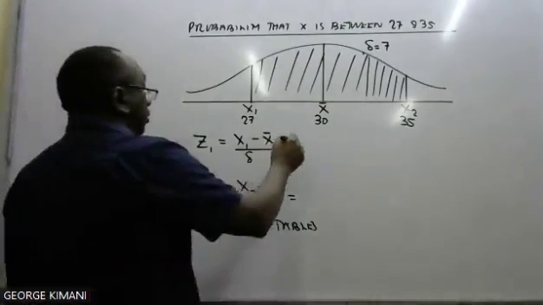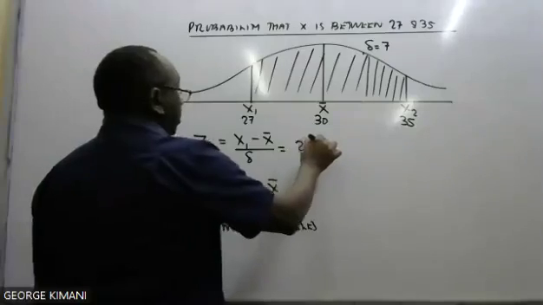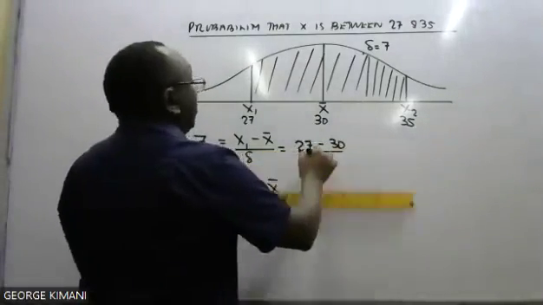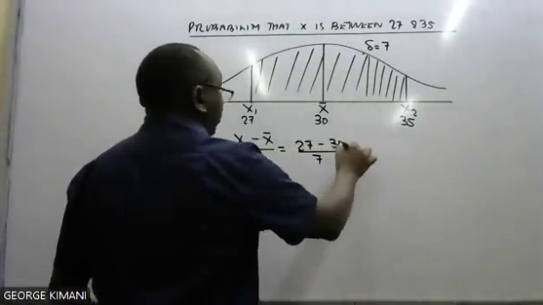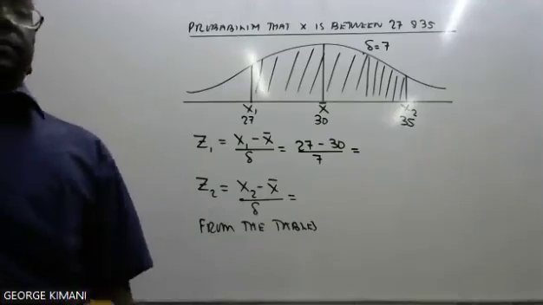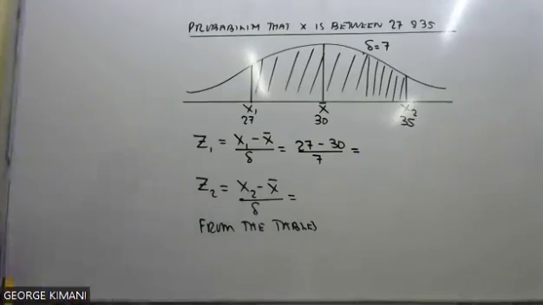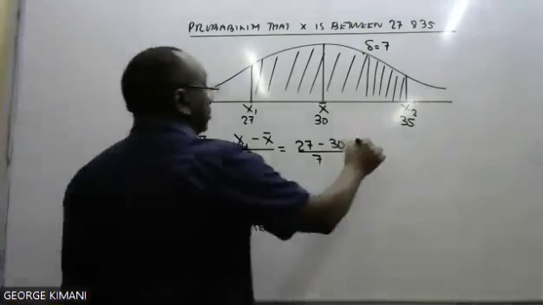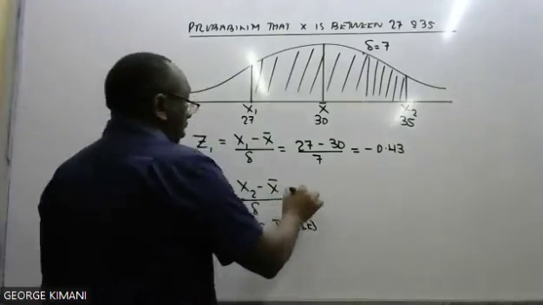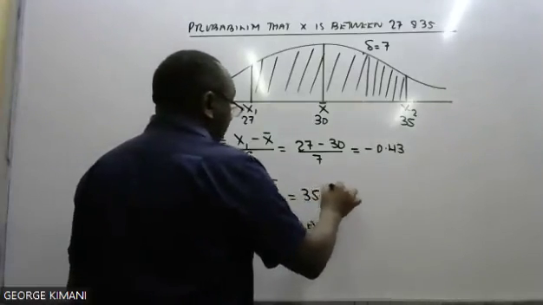So Z1 will be 27 minus 30, you divide by 7. Negative 0.43. Huyu mwingine ni 35 minus 30.